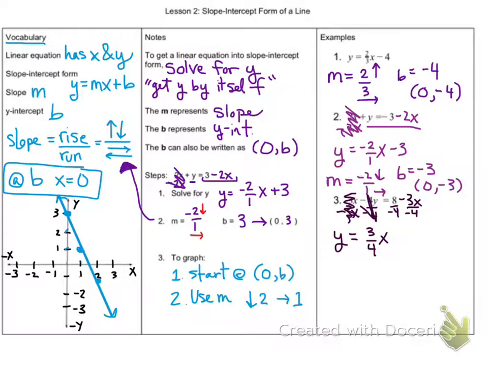And I wrote that first because that's m, and the negatives cancel out. And then -2. 8 divided by -4 is -2. So my m number is 3 over 4. That's up 3 over 4. And my b number is -2, which is 0, -2.